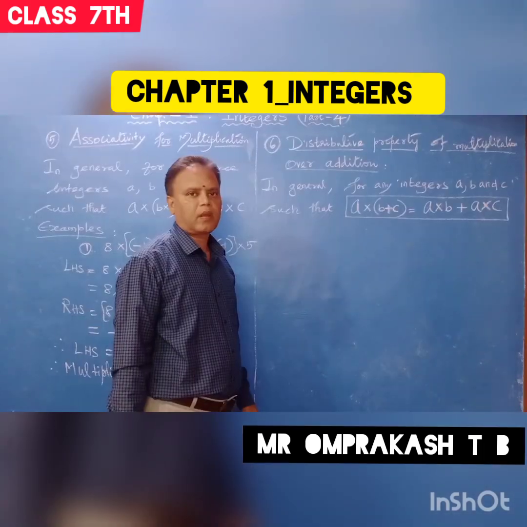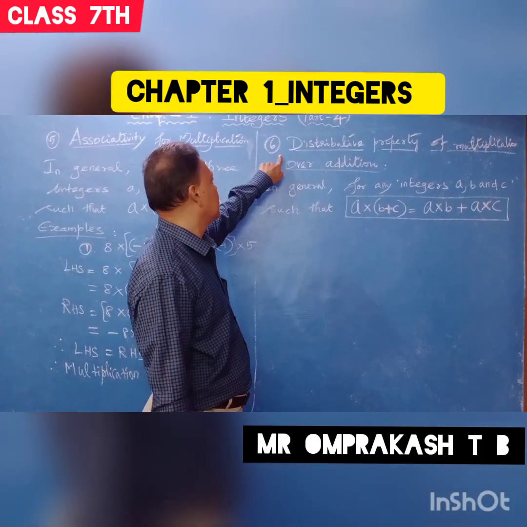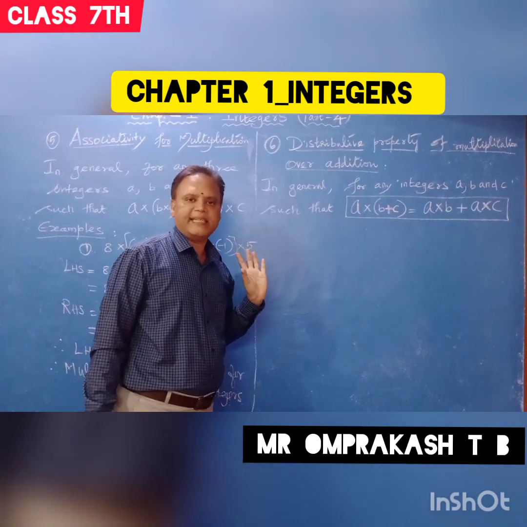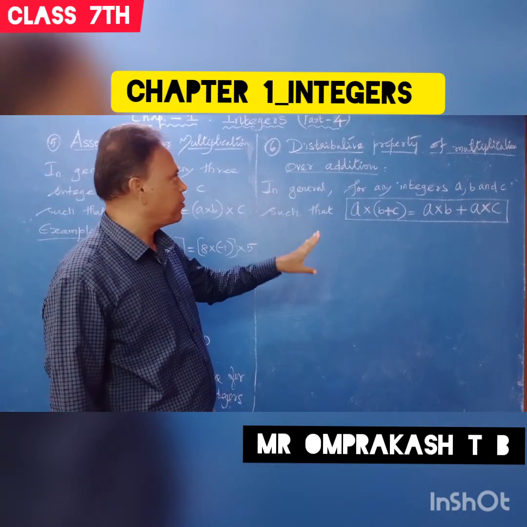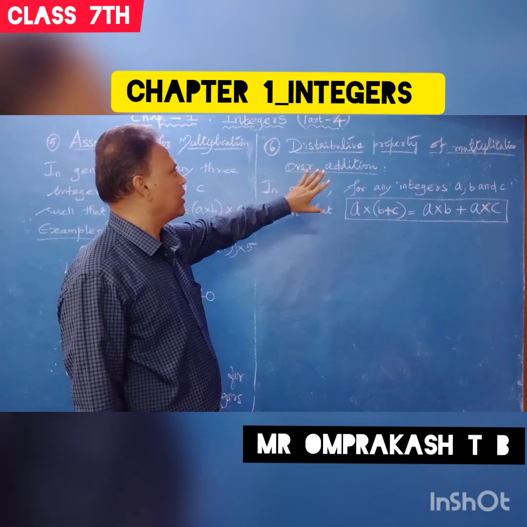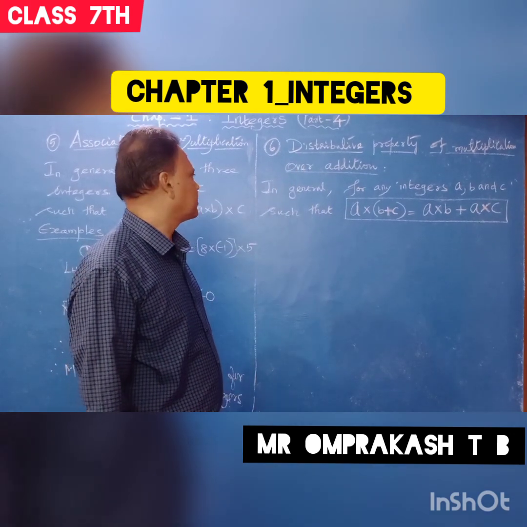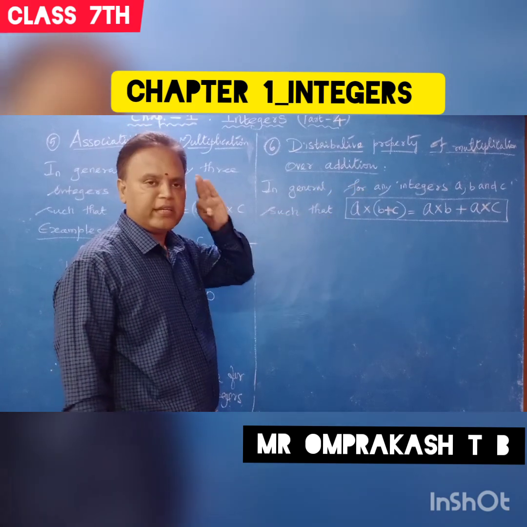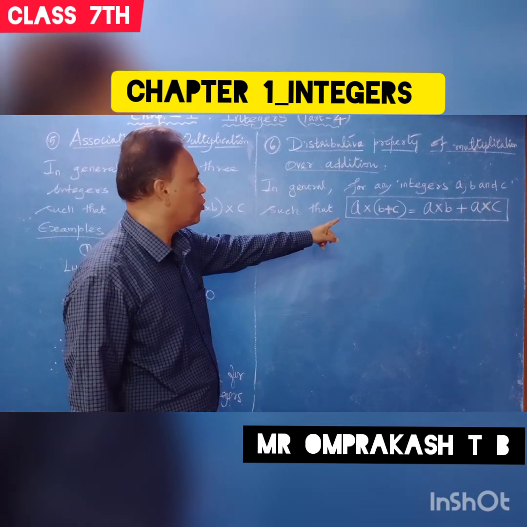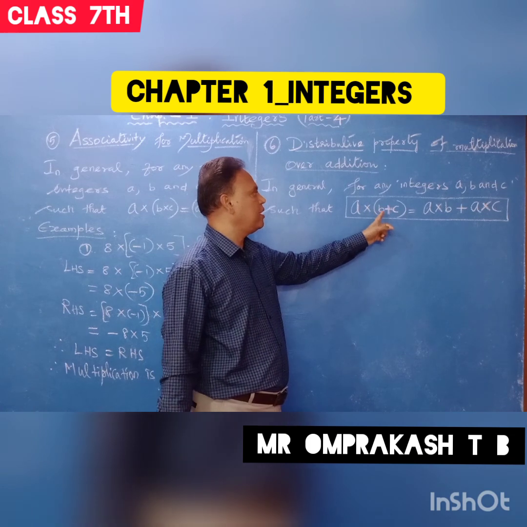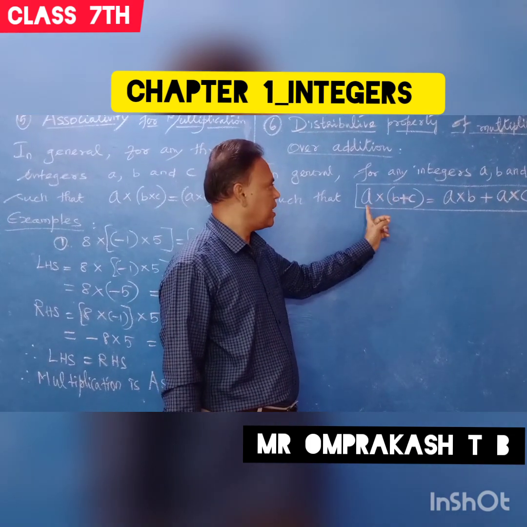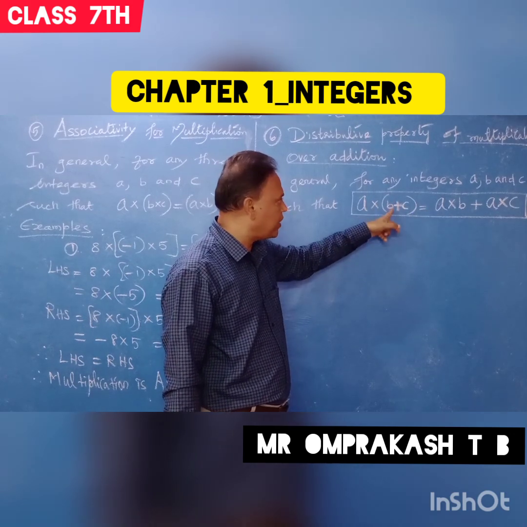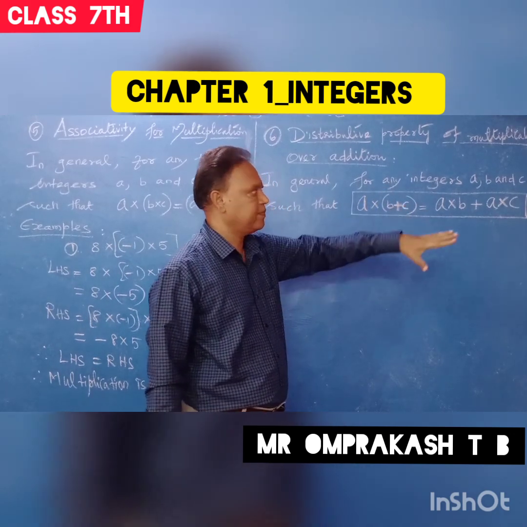Okay. So next property we will see: distributive property of multiplication over addition, or distributivity of multiplication over addition. Clear? In general, for any three integers a, b, c, you can write this form: a into (b plus c) is equal to a into b plus a into c.